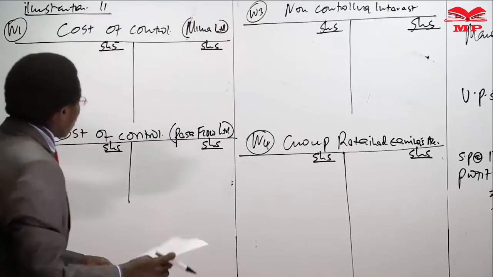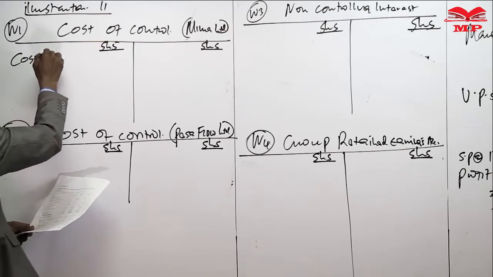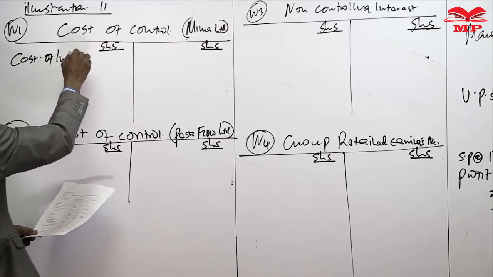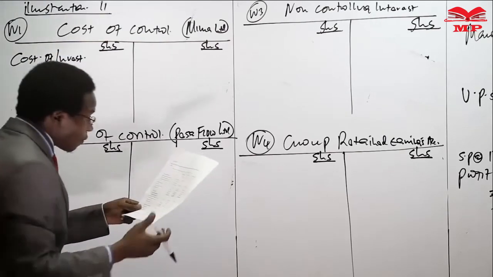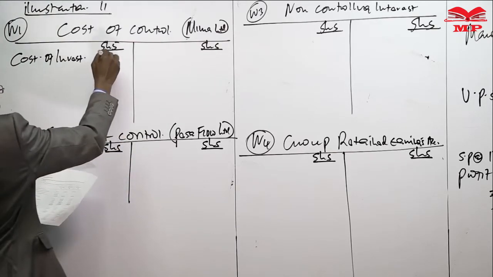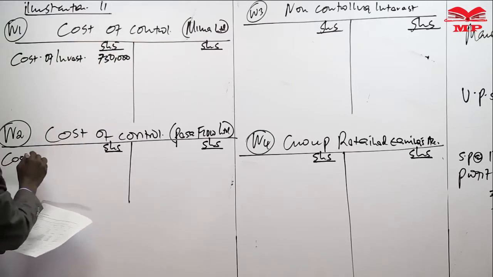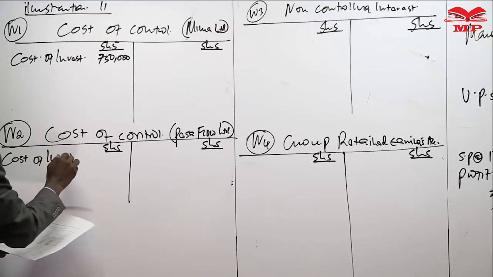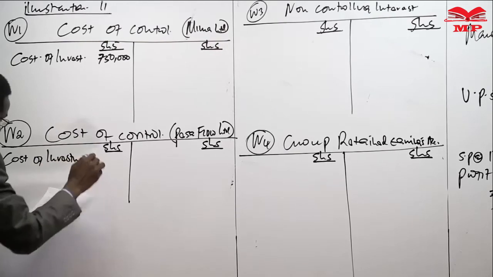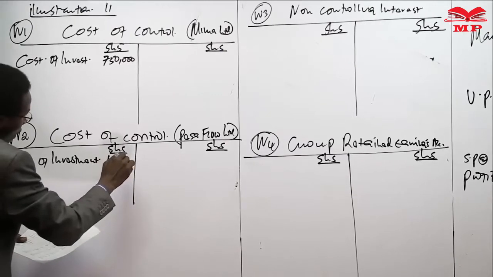I'll start with the cost of investment, being the purchase consideration. The cost of investment for Mima is 750,000. The cost of investment in Pesaflow Limited is 450,000.